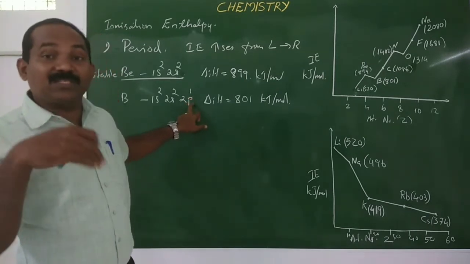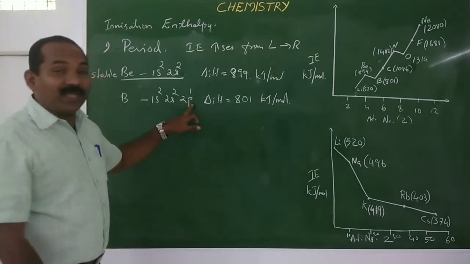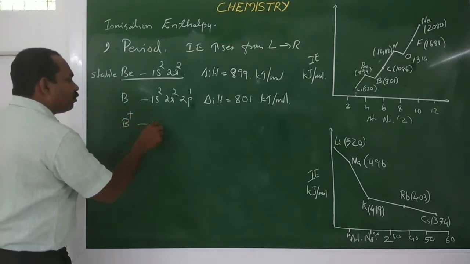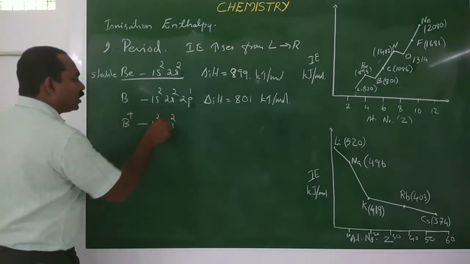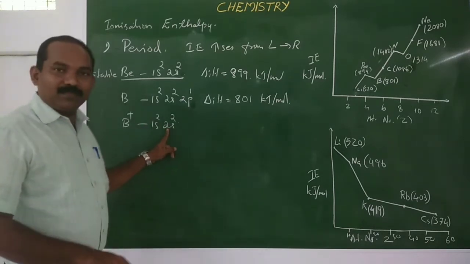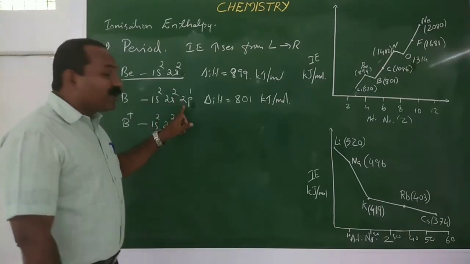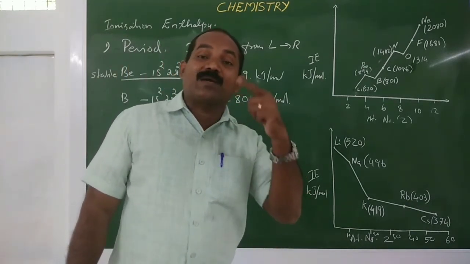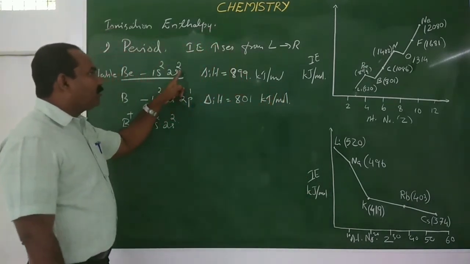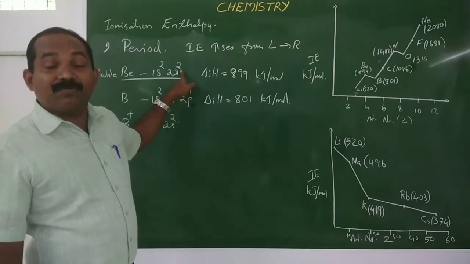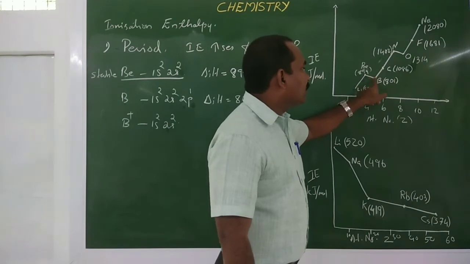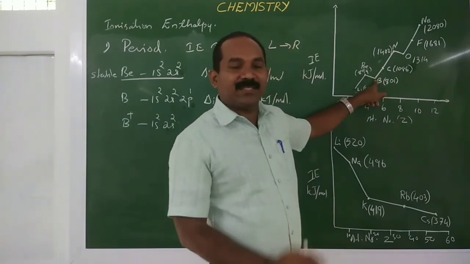So it is easy to remove this p electron and it becomes B plus, 1s2, 2s2. Now it is stable. The p electron in the boron atom is easier to remove as compared to the removal of a 2s2 electron from beryllium. That's why boron has a little less ionization energy.